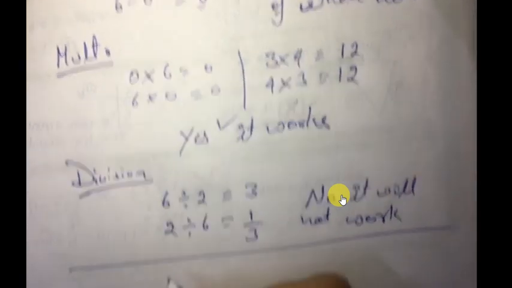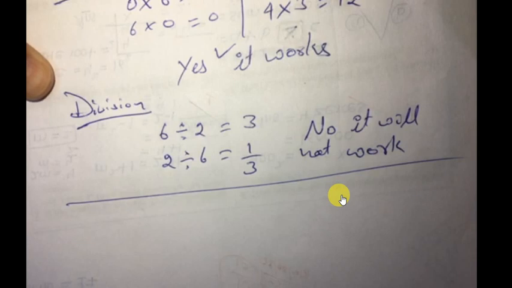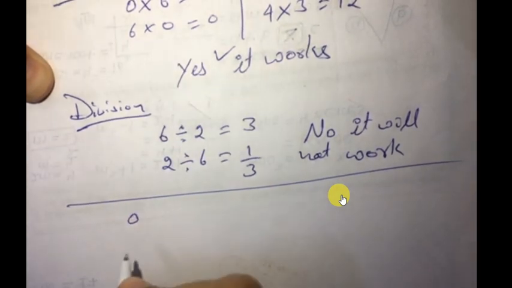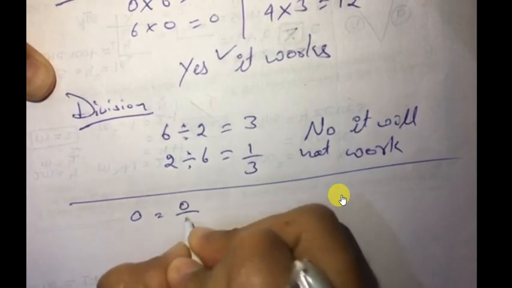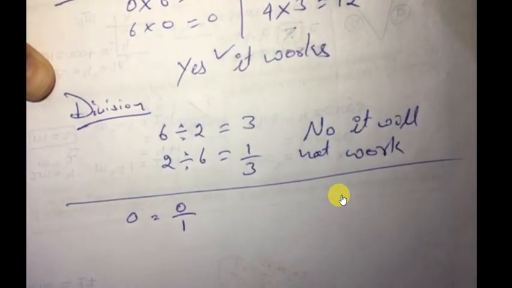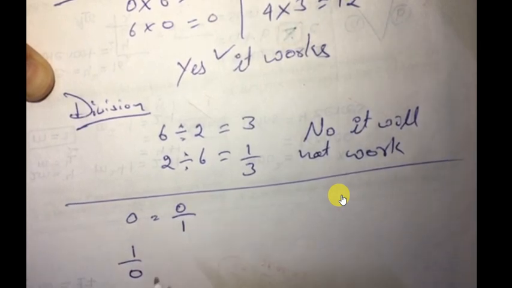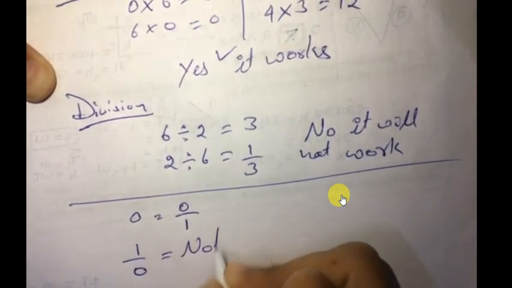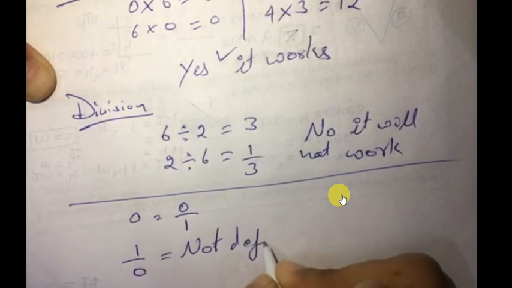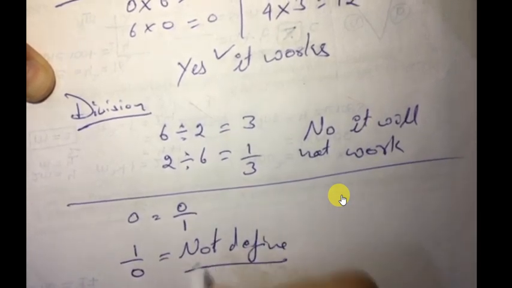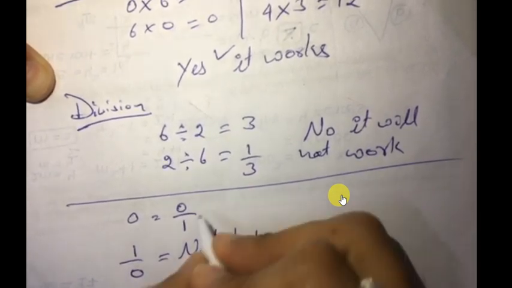One very important point over here, if I ask you to write 0 in a rational form, you can write it as 0 by 1. But if I ask you what is the value of 1 by 0, then such value is not defined, not infinity. This will always be not defined.